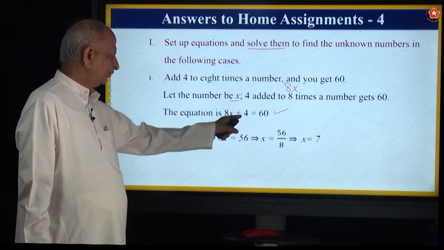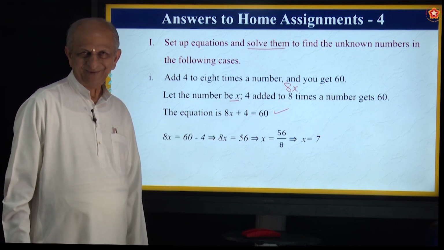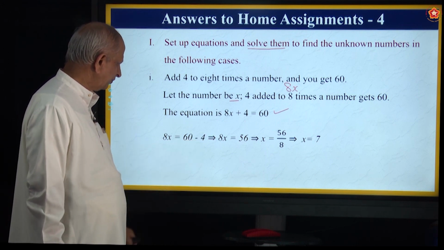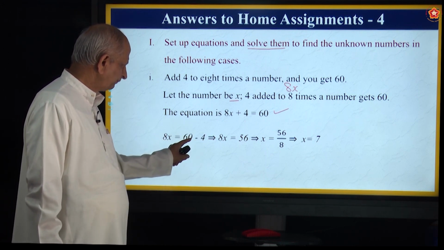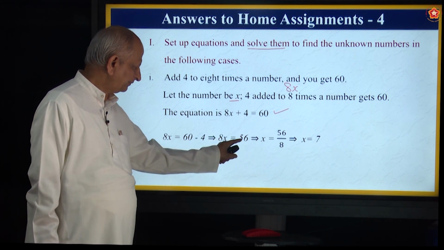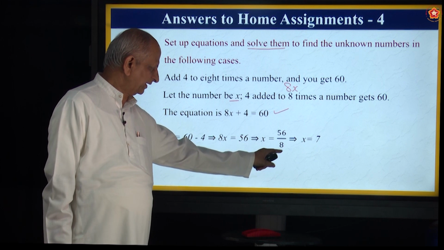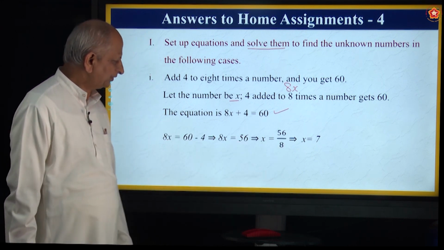So, there is plus 4 in the left hand side. What happens if you shift it to the right hand side? It becomes minus 4. So, 8x is equal to 60 minus 4. How much? 56. x is equal to 56 by 8. 8 ones are.